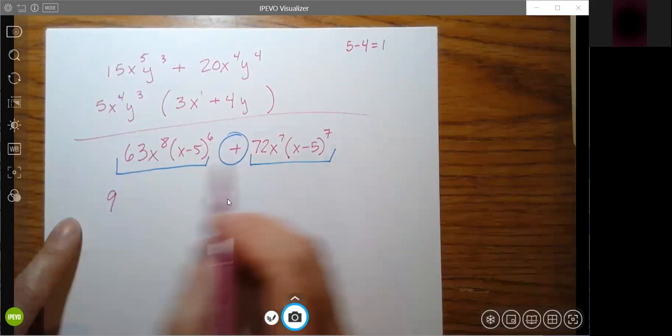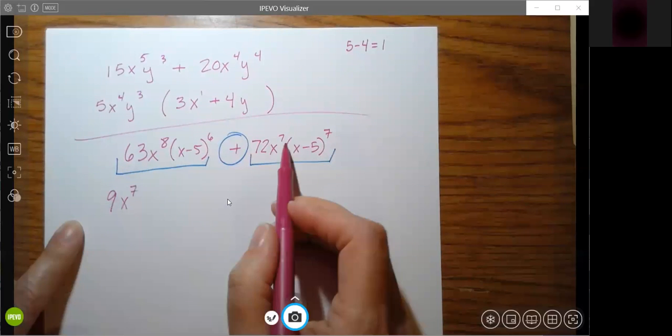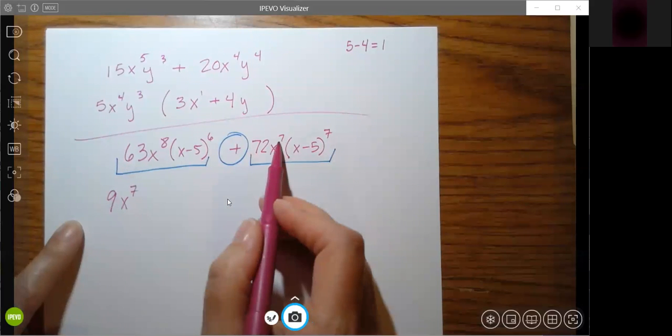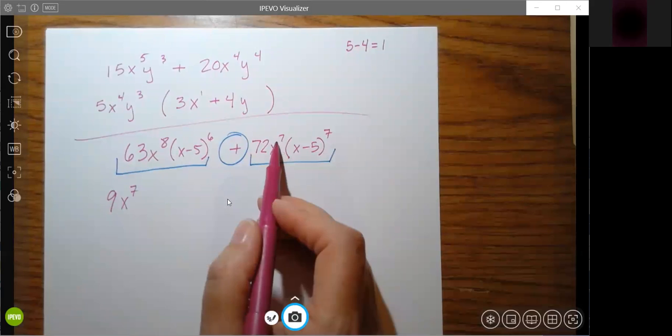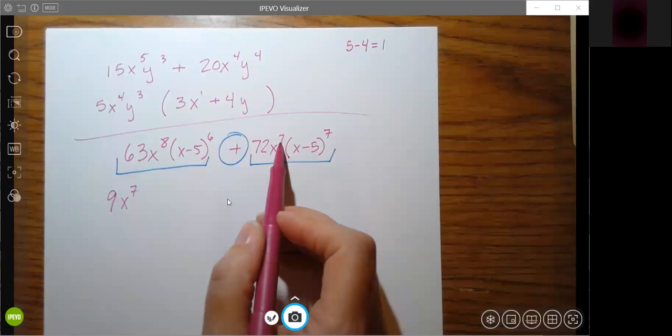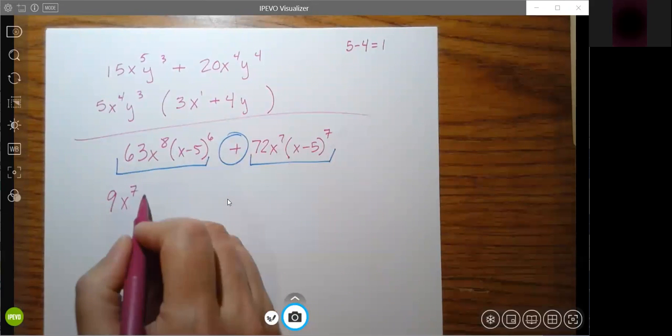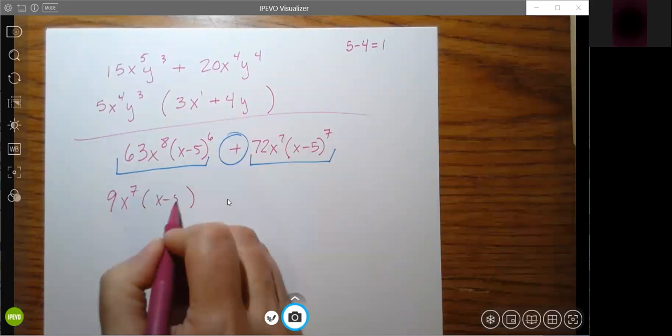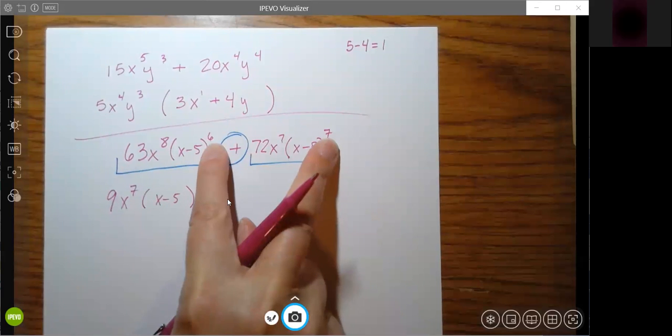The 7th. Notice, it is the smallest one. Even though it's greatest common factor, we don't take out the biggest number. We take out the smaller exponent to keep the common. So same principle, x minus 5, which of these powers are we going to actually take out?